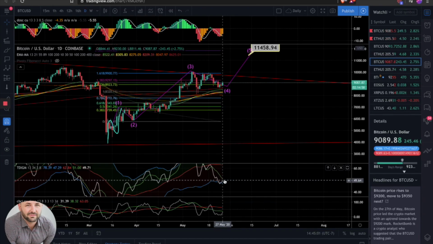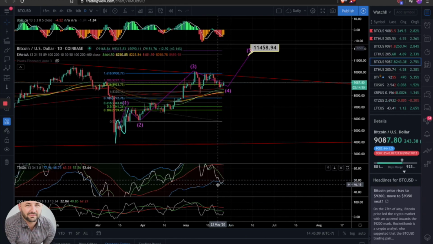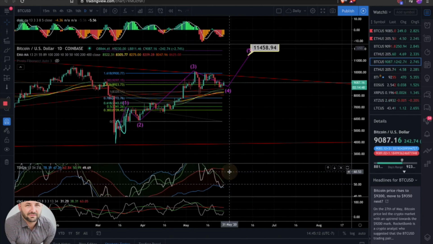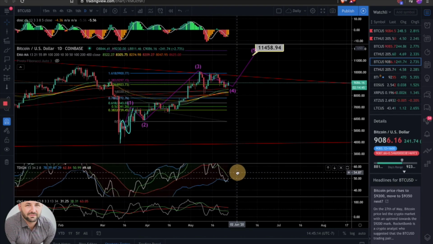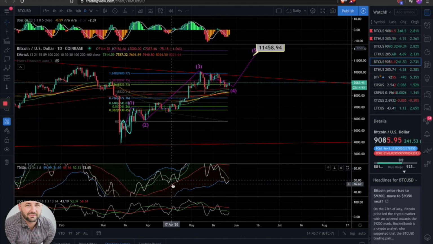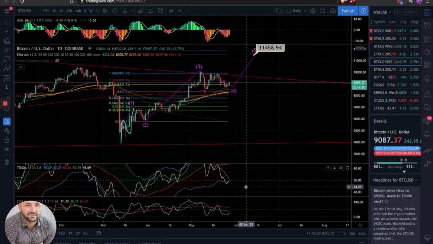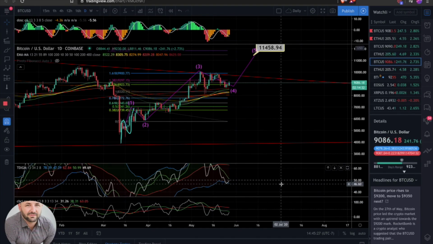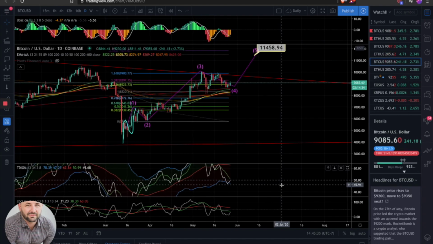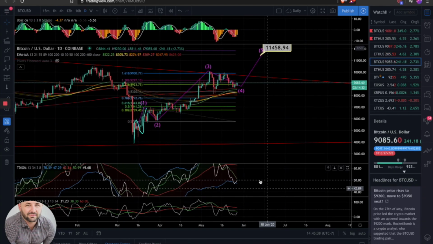So if we connect it and bounce off of it, I would expect us to have further downside, or if we break through it, then obviously the slow EMA, the red one, would be our next resistance on the RSI. But if you also look, between a couple of these points, the RSI has reset itself pretty good. We are, let's see, right there on the 45, so kind of flirting with the bearish control zone on that particular area.